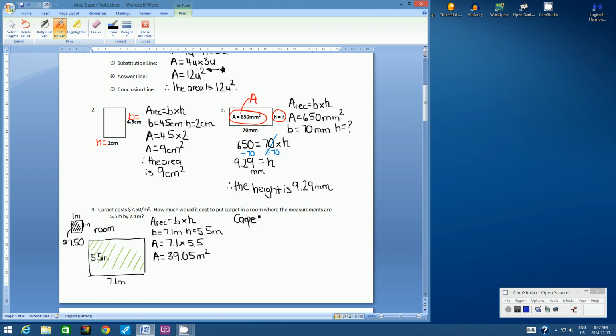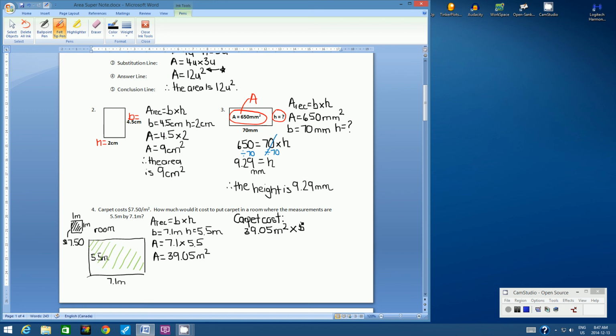So, carpet cost. What we have to do is take the area and multiply it by the cost of 1 meter squared.